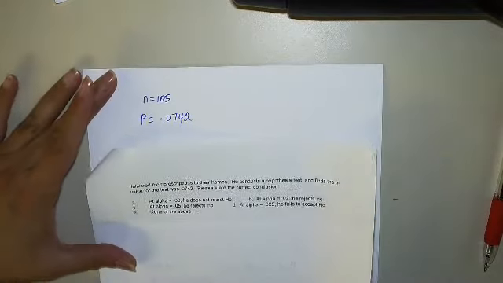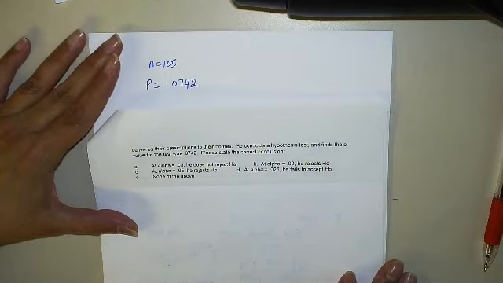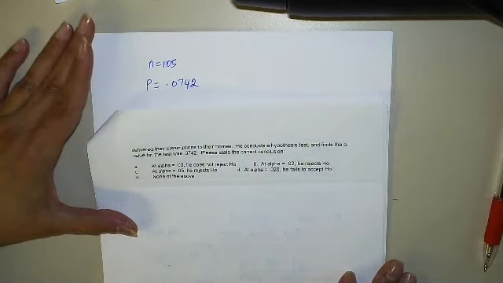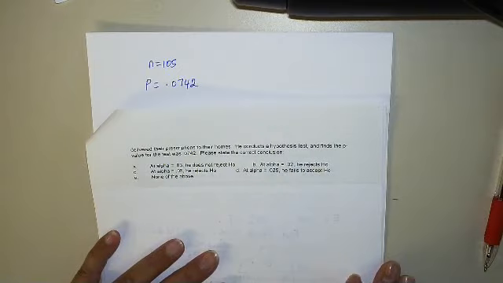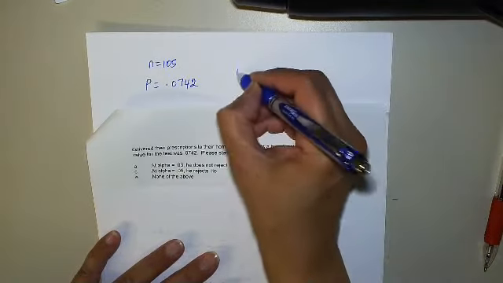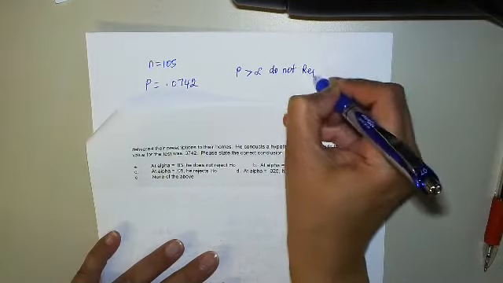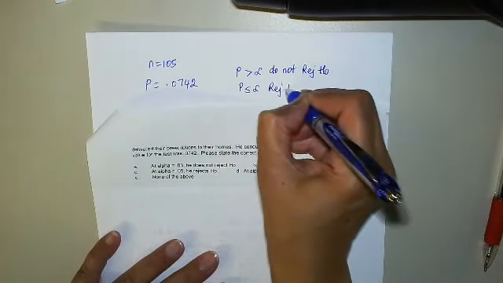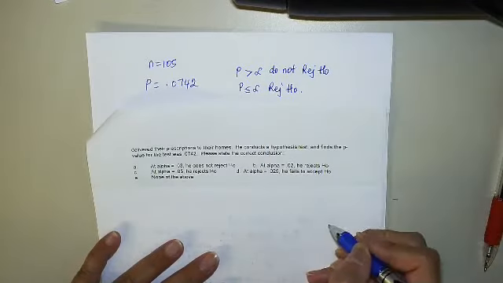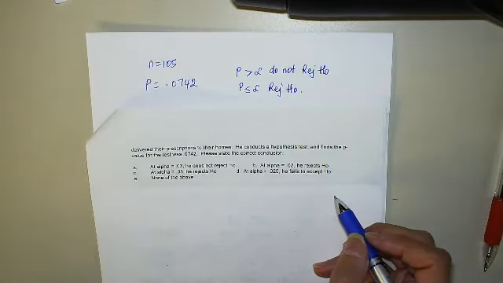Okay, and here are the questions. At alpha equal to 0.03, what does he do? At alpha equals 0.05, what does he do? And so forth. So it's a matter of comparing p and alpha, right? So basically the rule is if p is greater than alpha, do not reject H naught. And if p is less than or equal to alpha, then reject H naught.